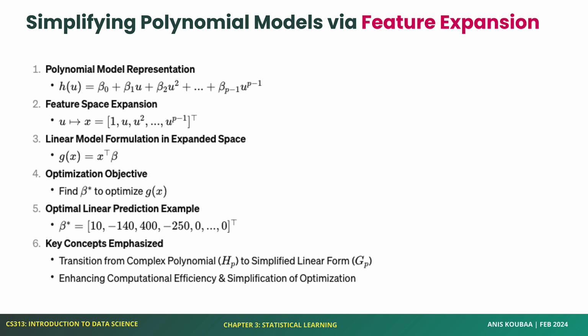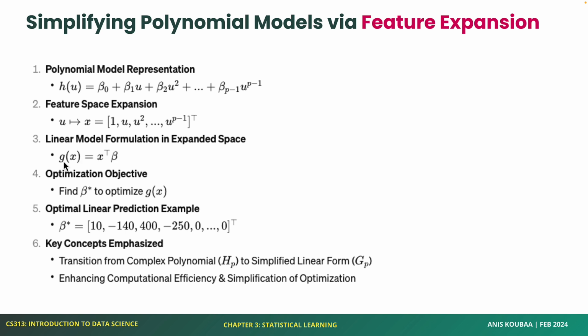Let's recapitulate right now. I have presented the concept of simplifying the polynomial model through feature expansion. We start with a polynomial model representation, and then we define the feature space expansion, so every u is going to lead to a feature vector equal to this one. Then our problem is reduced to a linear model formulation in the expanded space.